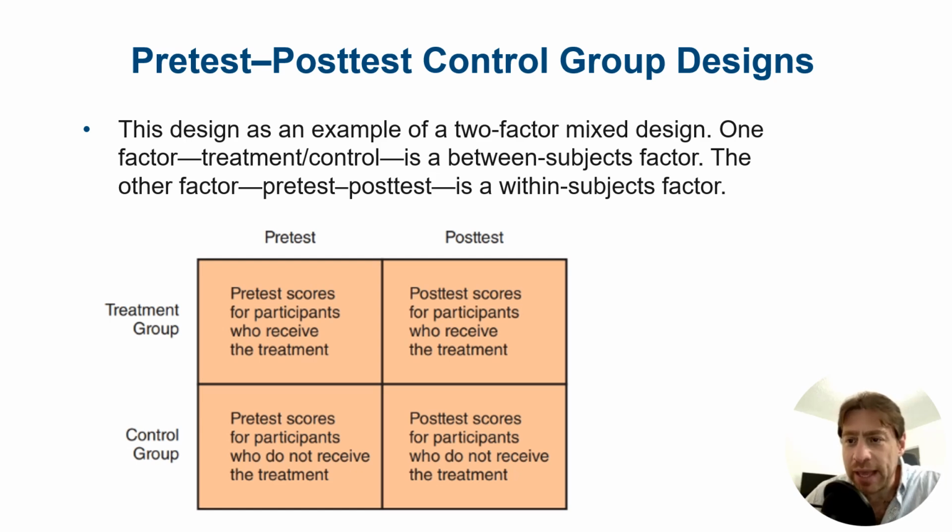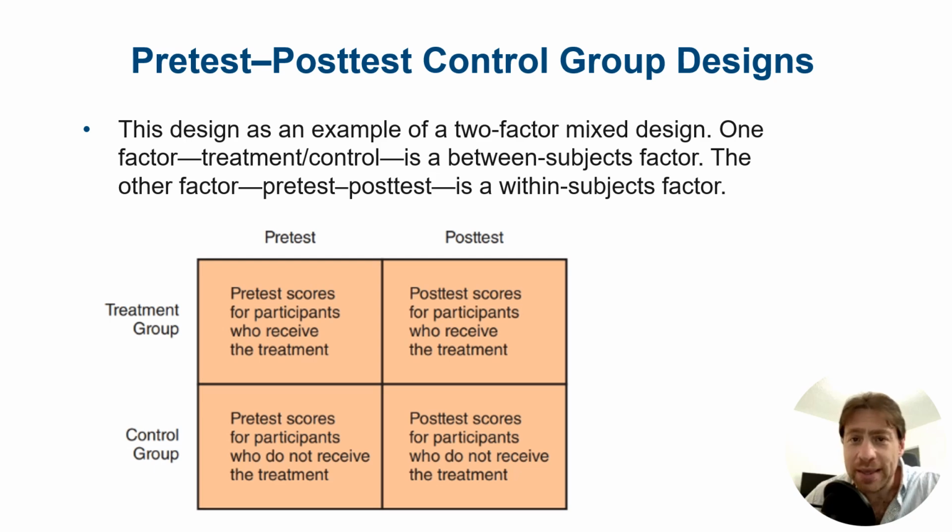Because you have a between subjects factor, which is groups, treatment group or control group. And so this factor distinguishes between participants who get the treatment and who do not. And then you have a within subjects factor, and that is the measurements, the pretest and the post-test. And this factor measures changes within the same individuals over time.